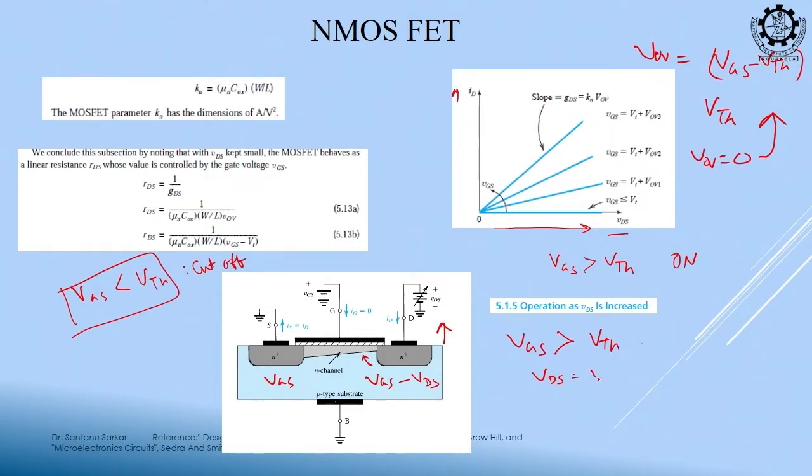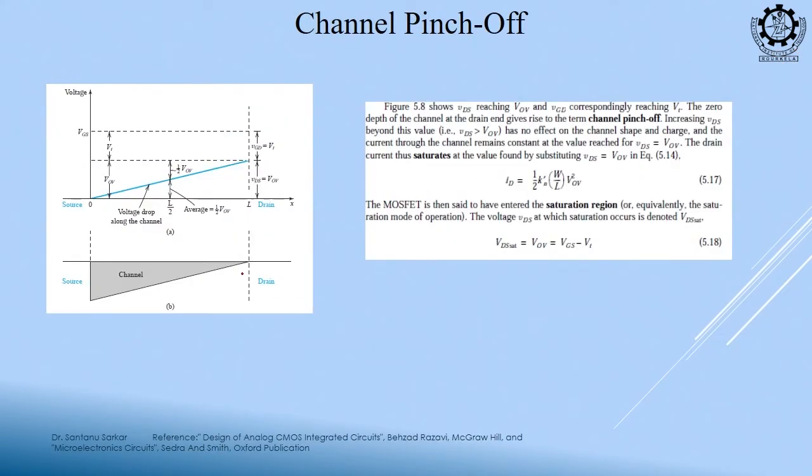So, when my VDS is equal to VOV, what will happen? This channel will just end here if this VDS is equal to VOV. At VGS equal to VTH, my channel just starts to form, and for VGS greater than VTH, the channel is increased.